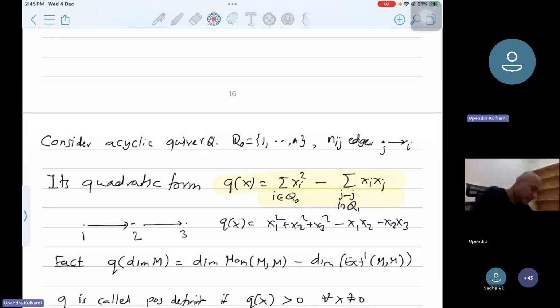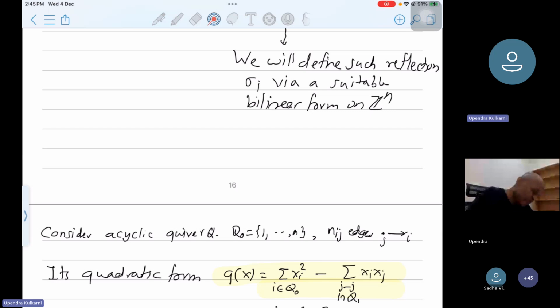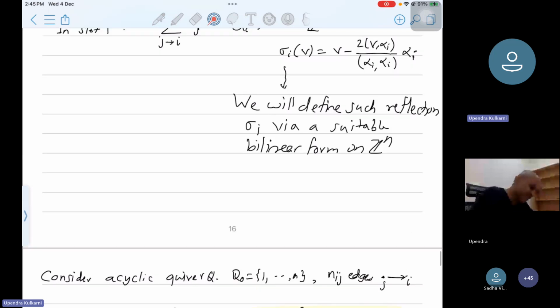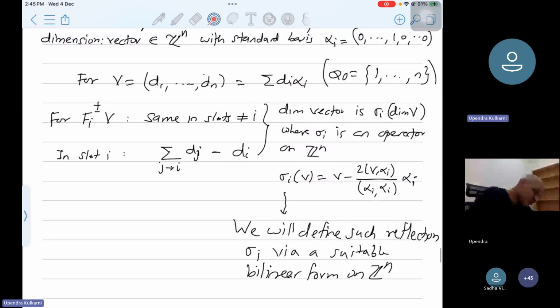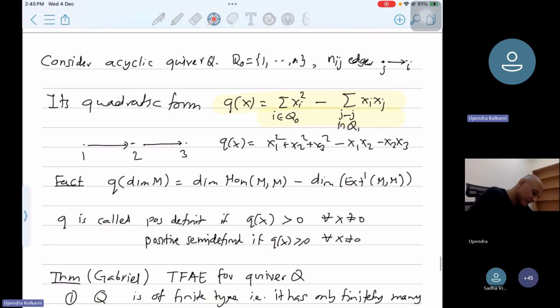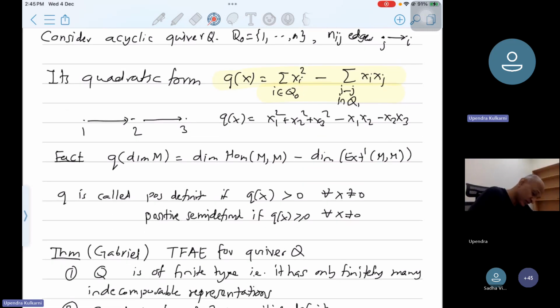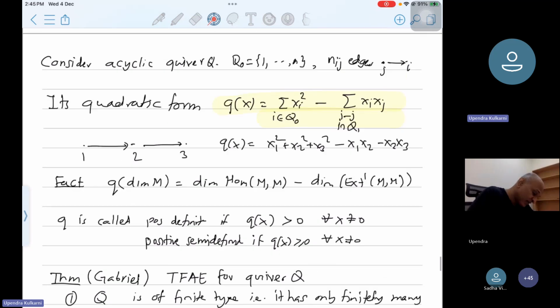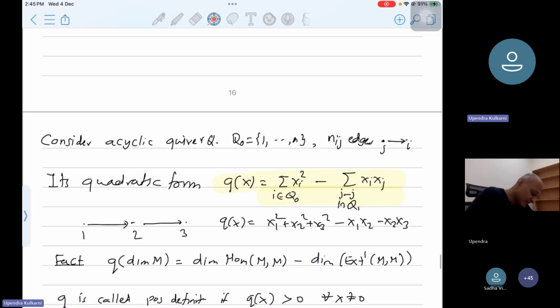One is that the bilinear form associated with this quadratic form will be very closely related to the formula that I obtained for the dimension vector. But there is a completely separate connection which we might have time to get to at the end: if I apply this quadratic form to the dimension vector of M, where M is a representation, then that has a homological meaning.